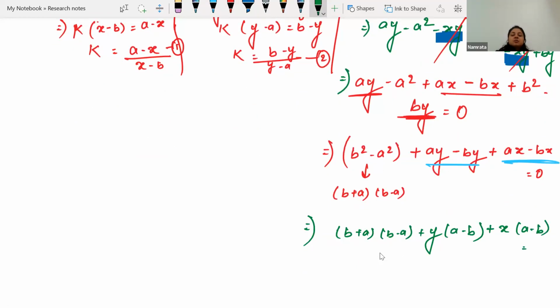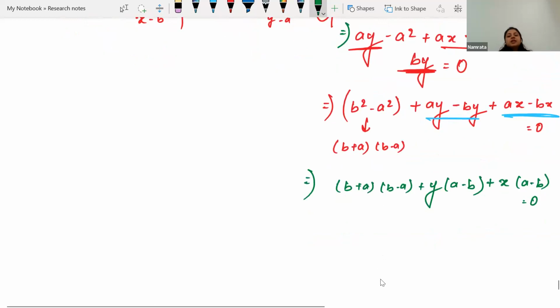So each and every term is giving a minus b except the first one. But however, we can make the first one have a factor a minus b by taking out minus as a common. So let's take minus common from the first factors, and then this will also be a minus b.